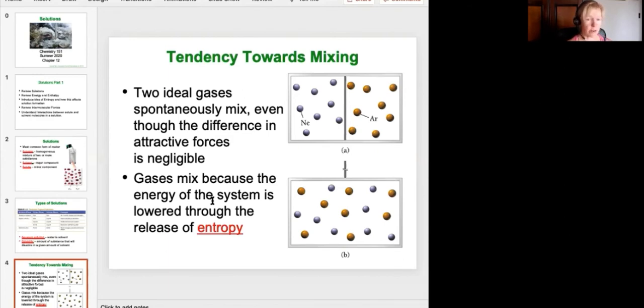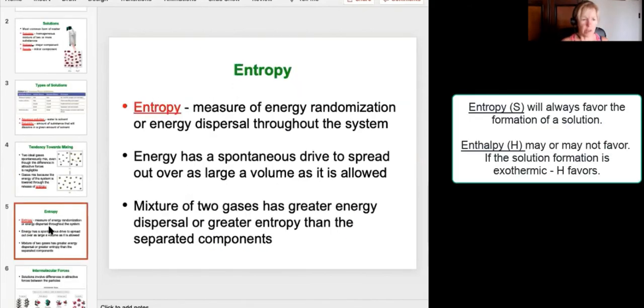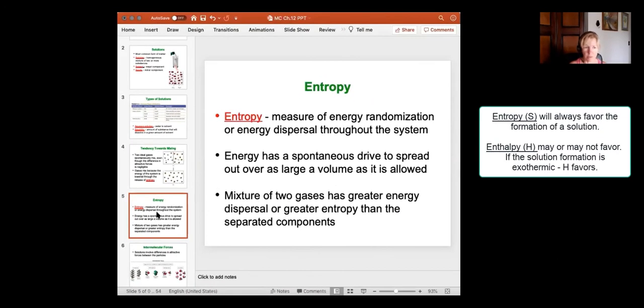Enthalpy, however, may or may not favor the formation of a solution. So entropy has a spontaneous drive to spread out. The more freedom you give something, the more ability you allow it to increase movement, to disperse, that's always going to be favored from an entropy standpoint.